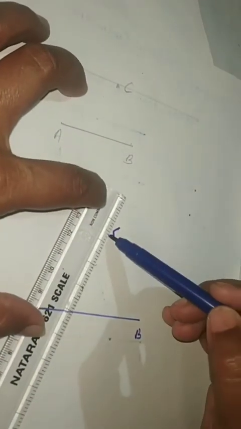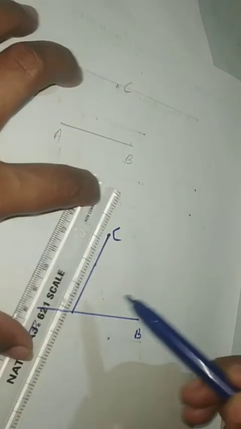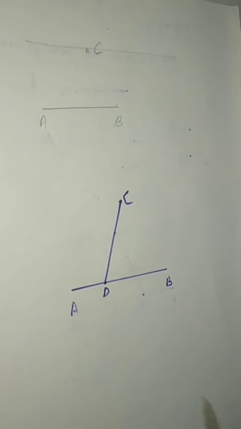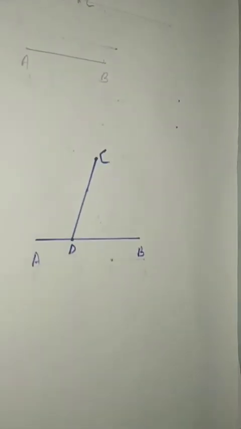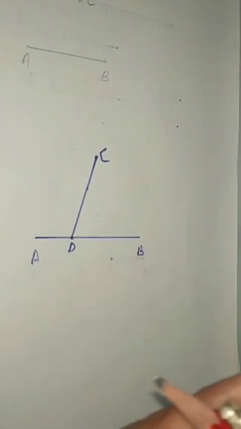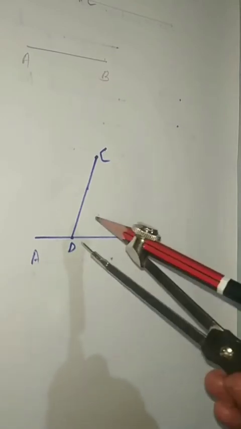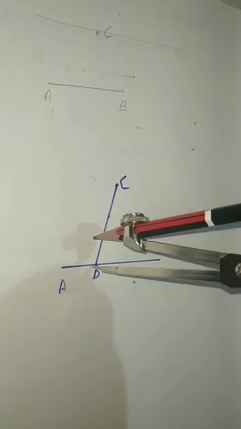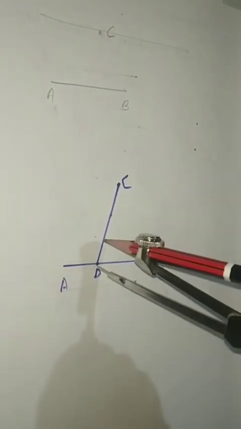First, we can draw a line and we can name this one as D. Then take the compass, take a convenient radius and draw a small arc.